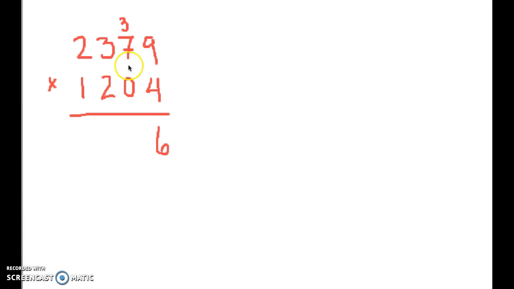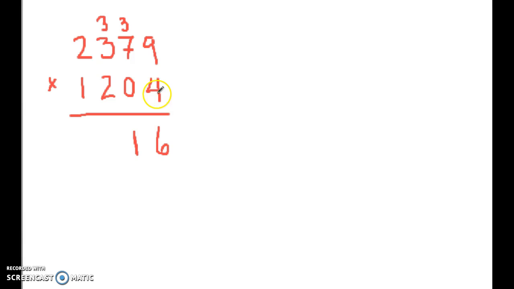So 4 times 7 is 28, plus 3 is 31, so we're going to drop down our 1, but it's really 310, so we're dropping down our tens place here, and we're carrying our 300 to the hundreds place.